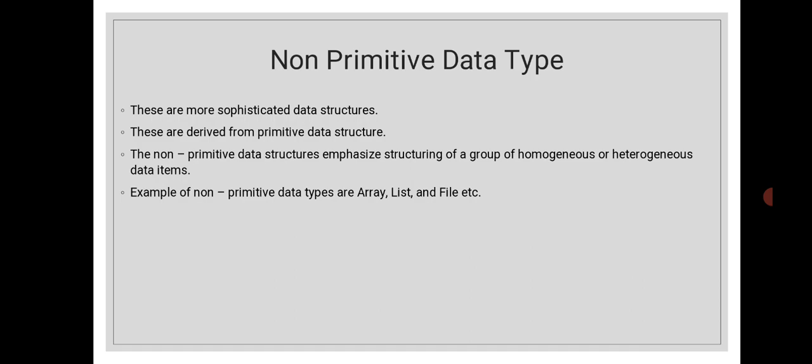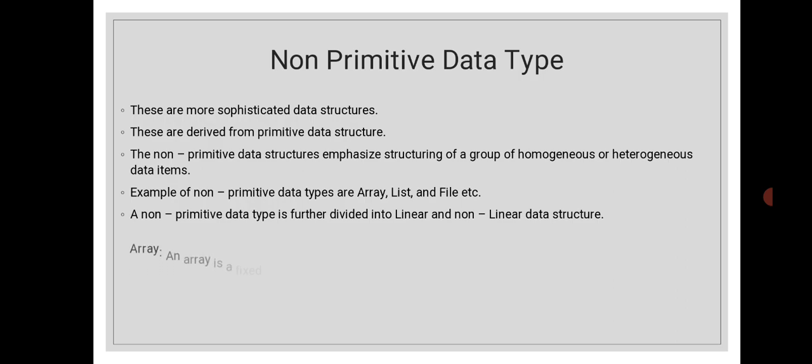We'll look at why it is called non-primitive, because they are built with the same integer, character, float, or pointer, something like that. With primitive data structures itself, it is rebuilt as a group of homogeneous or heterogeneous data items. A non-primitive data type is further divided into linear and non-linear data structures: array, list, file.